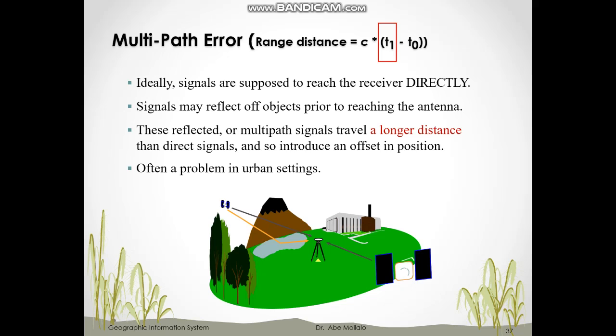So remember, we assume the signals travel in a straight line, but actually the signals might be reflected many times until they reach the GPS receiver. That's called multipath error. This is often a problem in urban settings, or if you are navigating in mountain areas. That's why when you collect data with GPS, you have to stay away from tall buildings or trees.